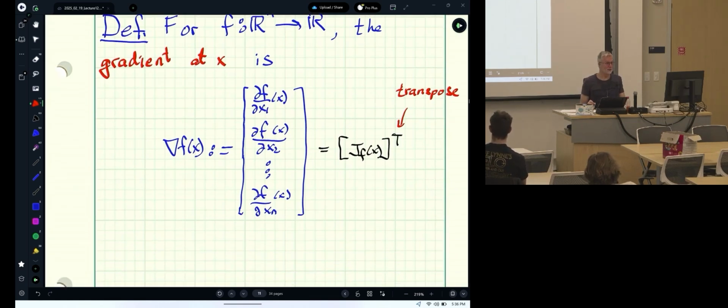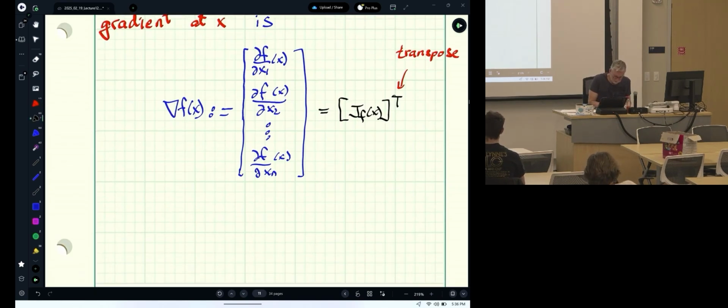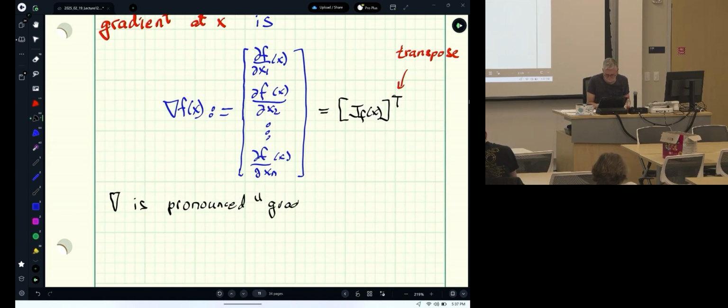Why isn't it called Jacobian descent? Why is it gradient descent? So this symbol here is pronounced grad, or gradient.